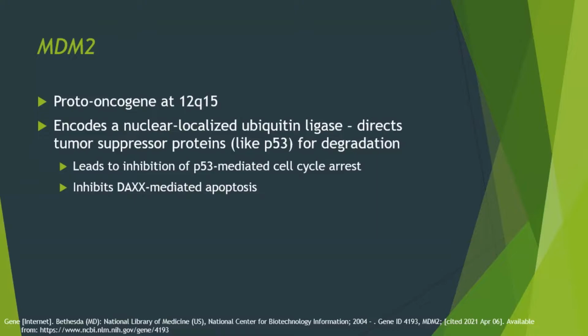So, MDM2 directs these proteins to the proteasome for degradation. So, the effect of MDM2 is inhibition of p53-mediated cell cycle arrest and inhibition of DAX-mediated apoptosis. From here, it's easy to see why MDM2 amplification can promote tumorigenesis.